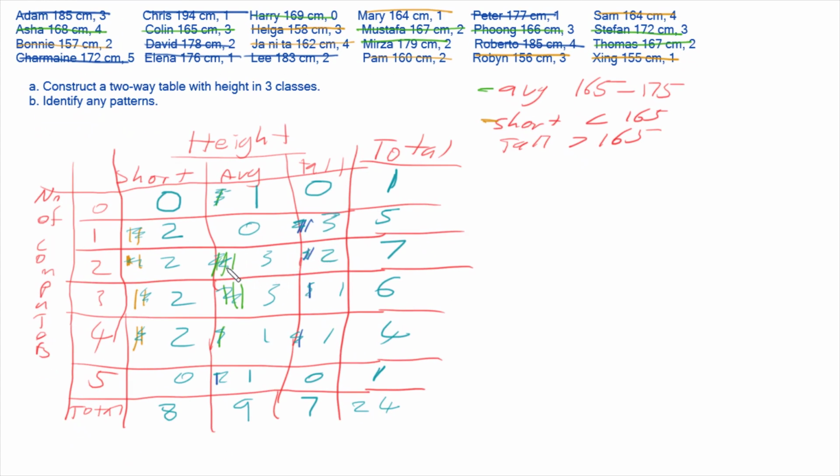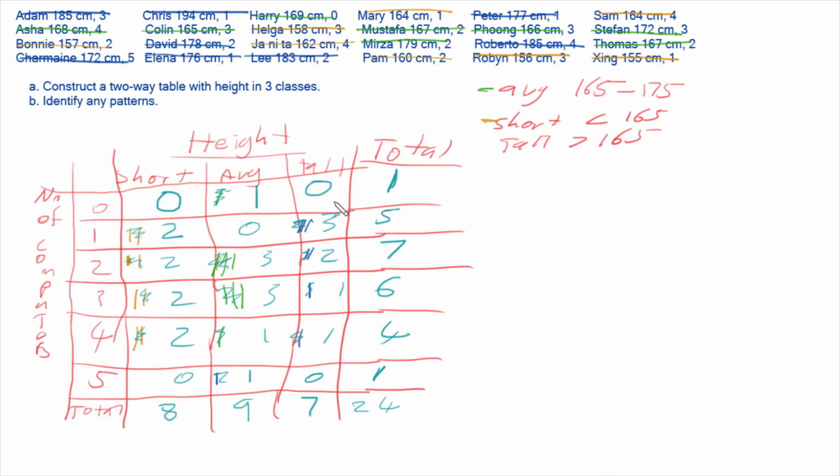Now, to identify any patterns, we've got to look at our numbers and see if there's any sort of relationship between our numbers. So I'm talking about inside the table. Is there anything I can notice about as this increases? Do we get sort of a change in our numbers from short to tall or tall to short? And it sort of looks like most of our short people all have 2 computers each.